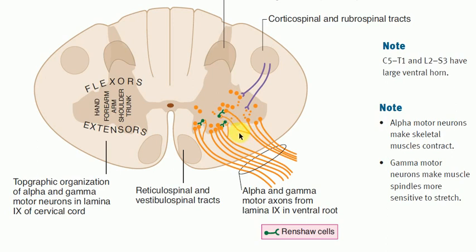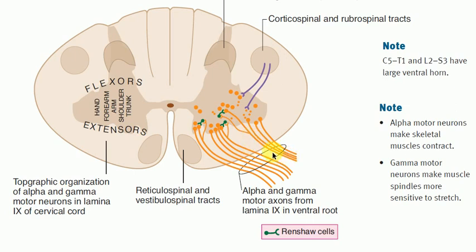This is the collateral of the alpha motor neuron, and it is synapsing with the Renshaw cells, and the Renshaw cells are going to inhibit the alpha motor neuron. This is an intrinsic inhibitory feedback mechanism. It decreases the firing rate of these neurons.